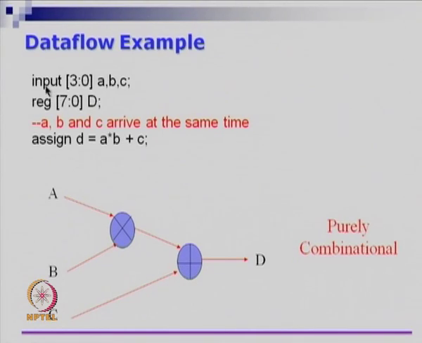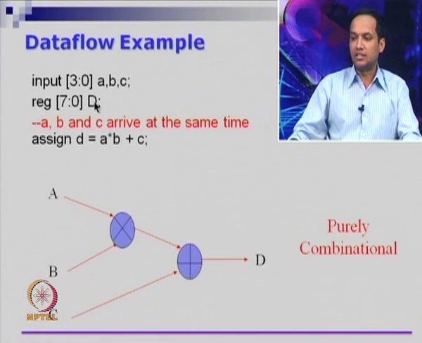Let us say we have input [3:0] A, B, C and we have a reg [7:0] D, and we have assigned D equals A times B plus C. What this would mean is D being assigned A times B plus C. A times B is a 4-bit number multiplied by another 4-bit number, the result is an 8-bit number to which we are adding a 4-bit number. So, the result is an 8-bit number.